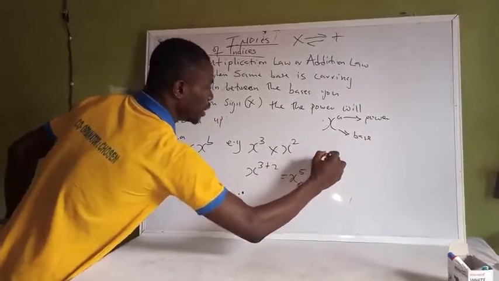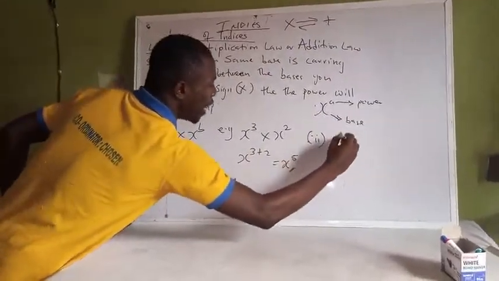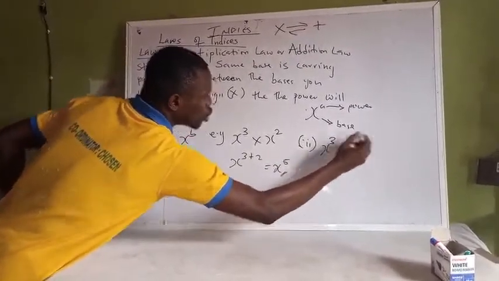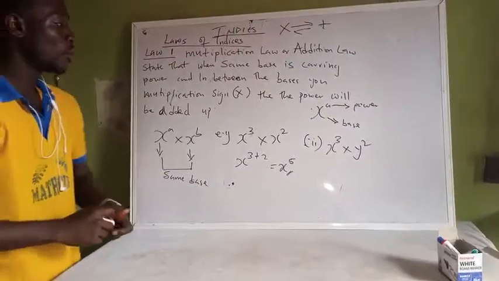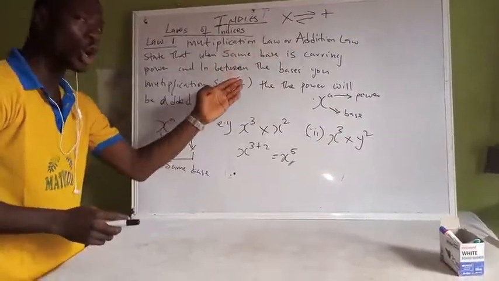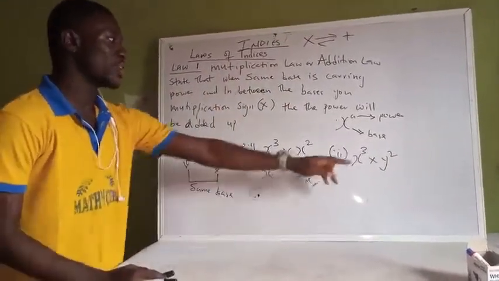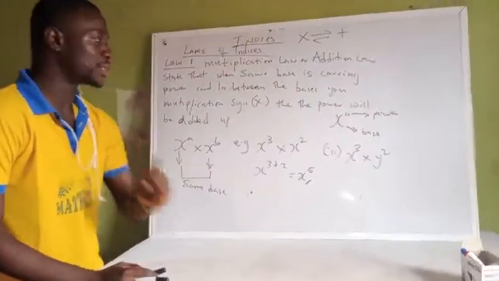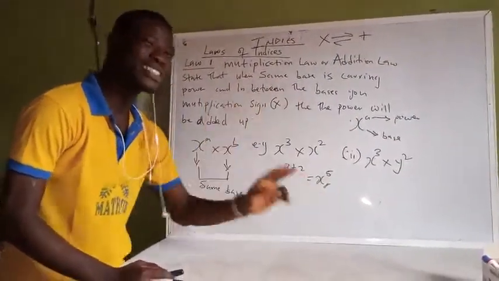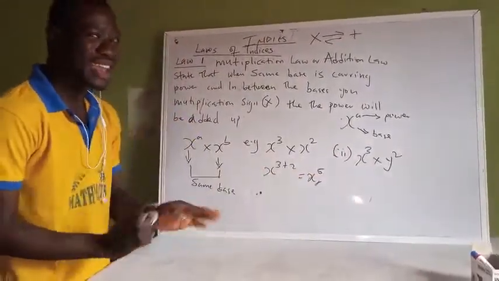Example 2: if I have x raised to power 3 multiplied by y raised to power 2. Now, when you look at this kind of example, the law of indices said that we have to consider this law when the bases are the same. Looking at these two, the bases are never the same.